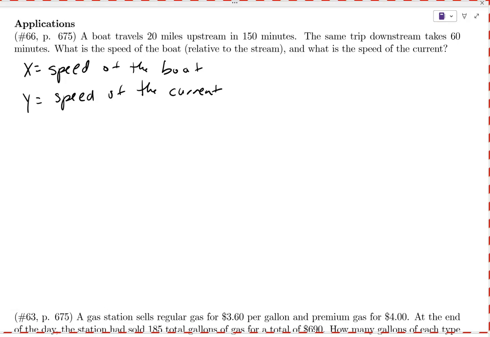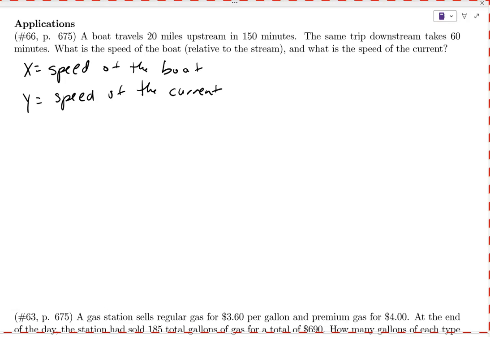So let's think about how we might get the equations that we need in this case. Again, if you're looking at traveling upstream, the boat and the current should be going in opposite directions, right? Now, of course, a big principle that we're going to use here is that distance equals rate times time principle. So what should happen when you are traveling upstream in this case?